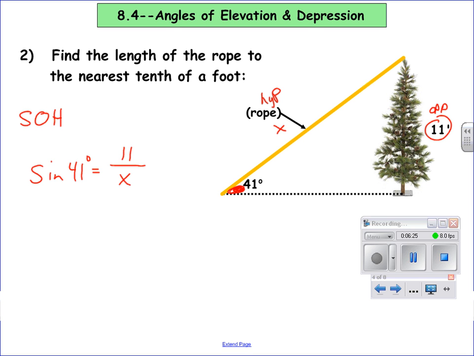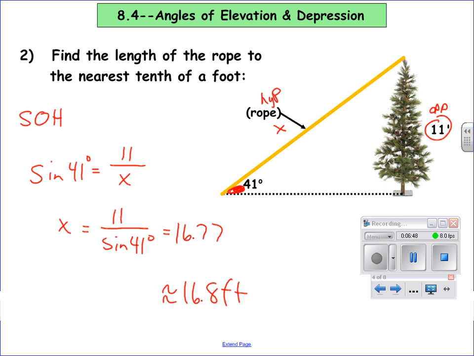And we go, okay, x equals 11 over the sine of 41 degrees. That number turns out to be 16.77. And they asked us to go to the nearest tenth of a foot. So let's call that approximately 16.8 feet is the length of the yellow rope. Okay, 16.8 feet.